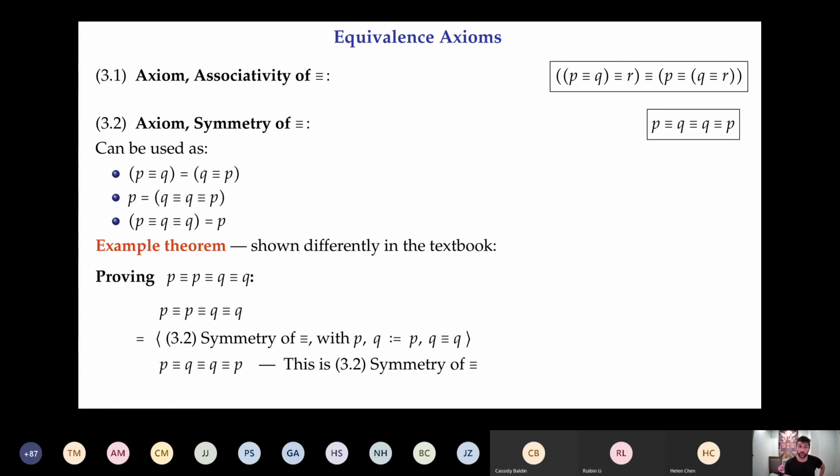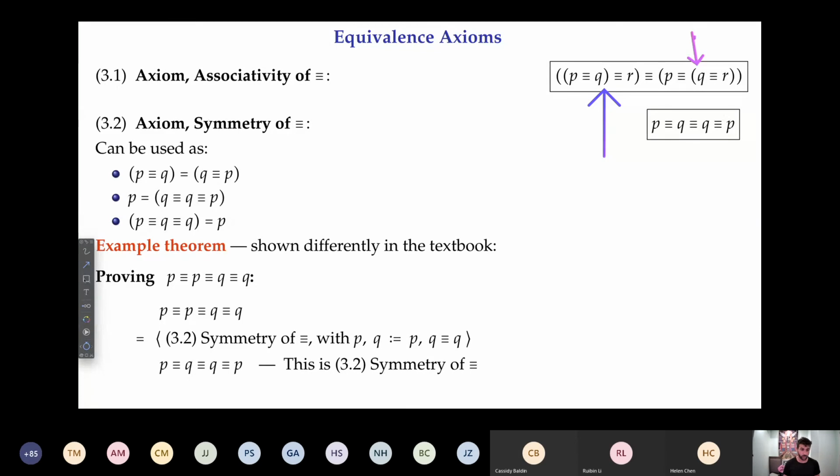Because we're using an equational style, there's no real distinction between up and down, as it were. Just as addition is associative, you can move the parentheses around, equivalence is also associative. You can move the parentheses around, from here or here. Symmetry means I can flip the argument around, just like x plus y is the same as y plus x.